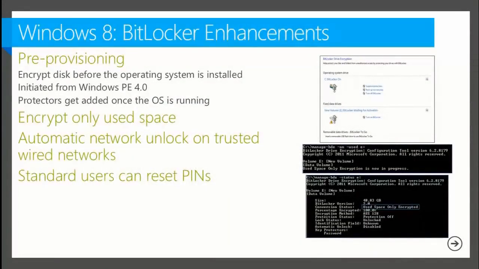Next item on the list is BitLocker, and this is one of those changes that really can improve the amount of time that it takes to deploy an operating system and turn on BitLocker at the same time. With Windows 7, when BitLocker initially came out, the process you needed to go through was you needed to fully partition and format the disk, then deploy the new OS, then turn on BitLocker.